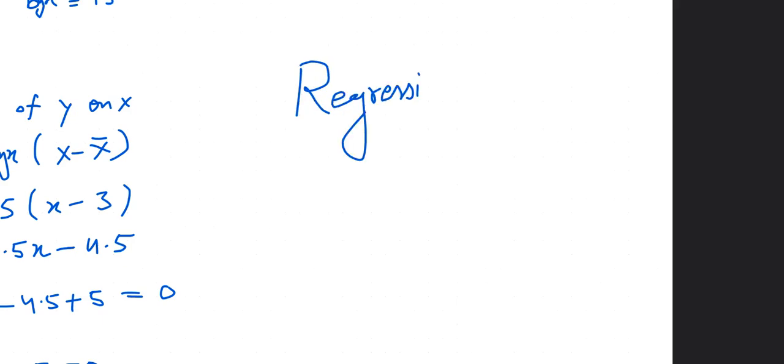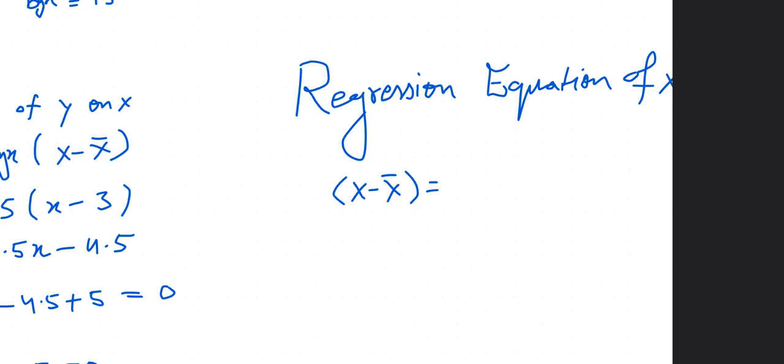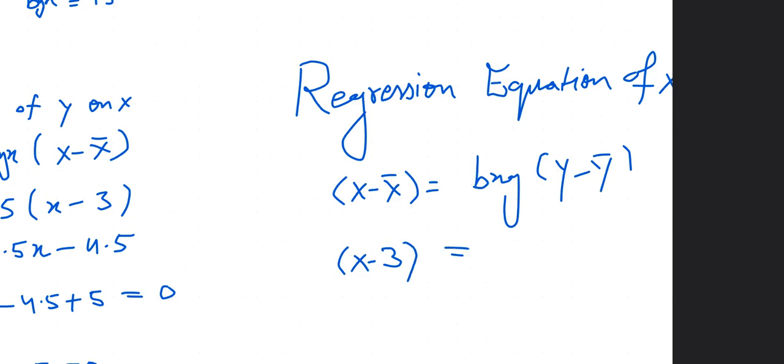And we can find similarly for x on y also. The regression equation of x on y is x minus x bar is equal to bxy into y minus y bar.